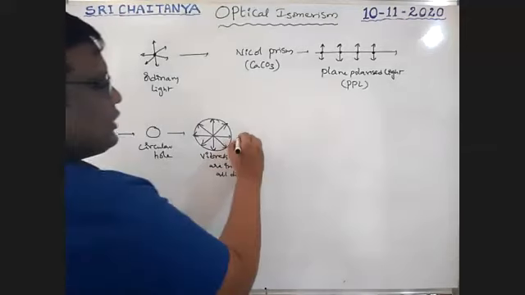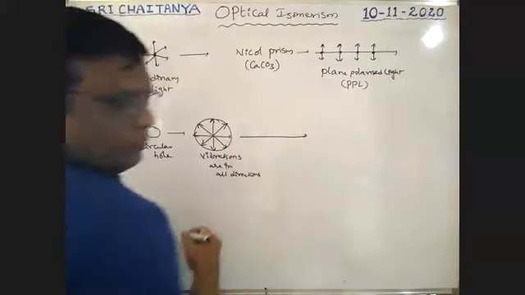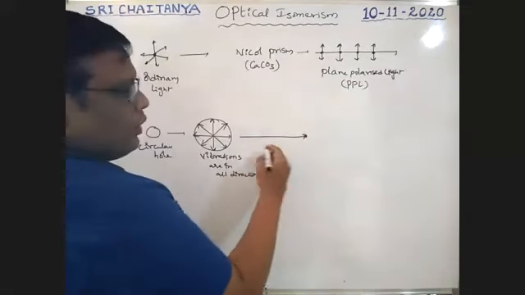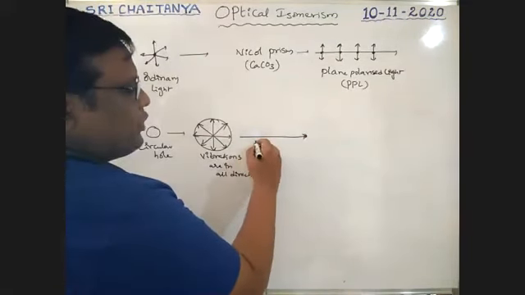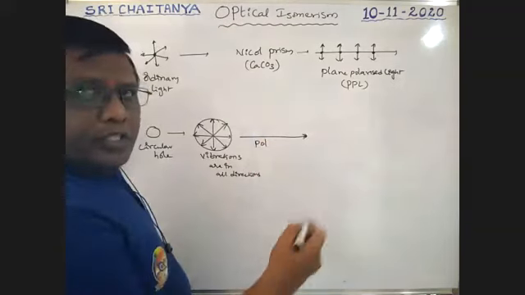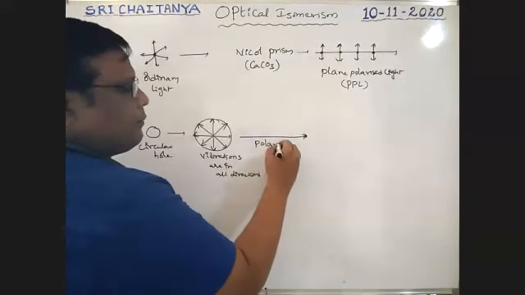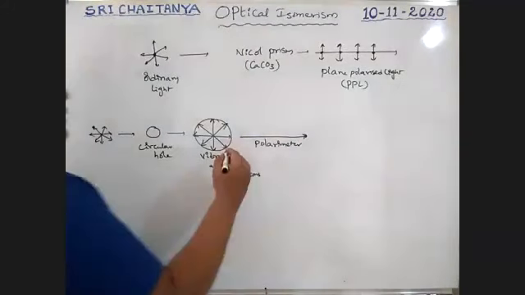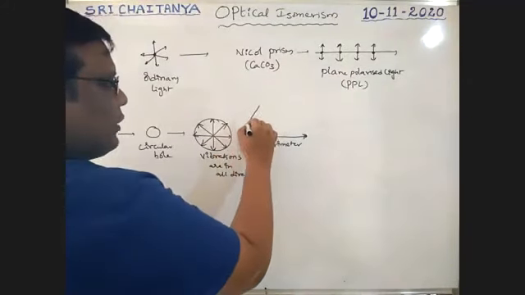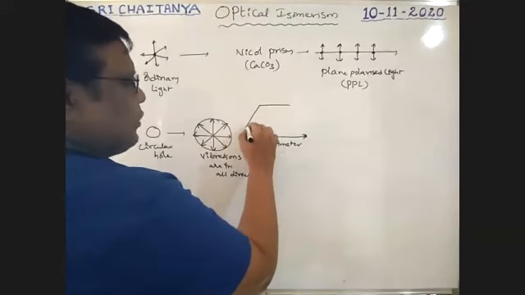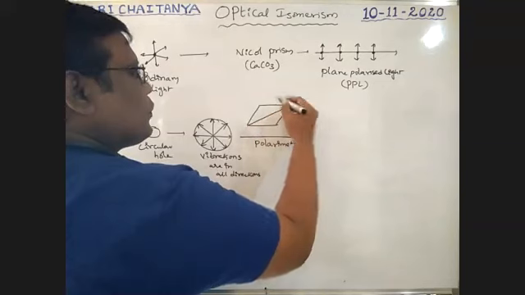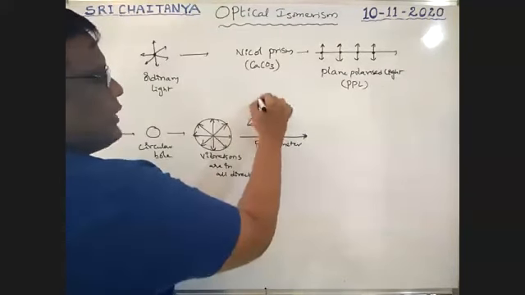Now this is passed through a polarimeter, an instrument used to give plane polarized light. That is called a polarimeter. The polarimeter has a Nicol prism.